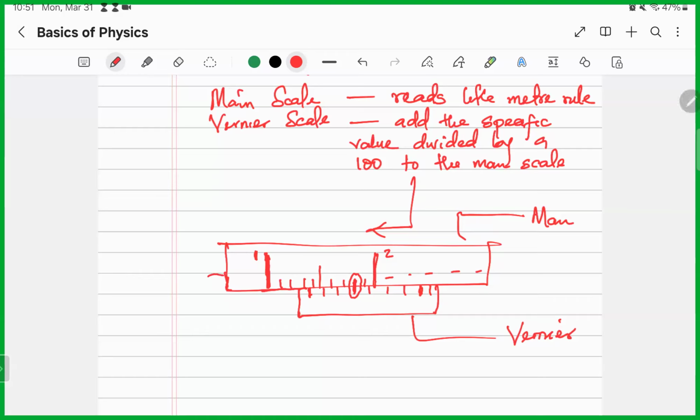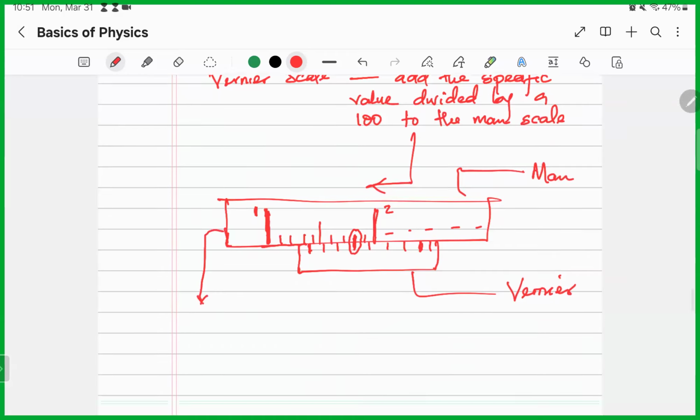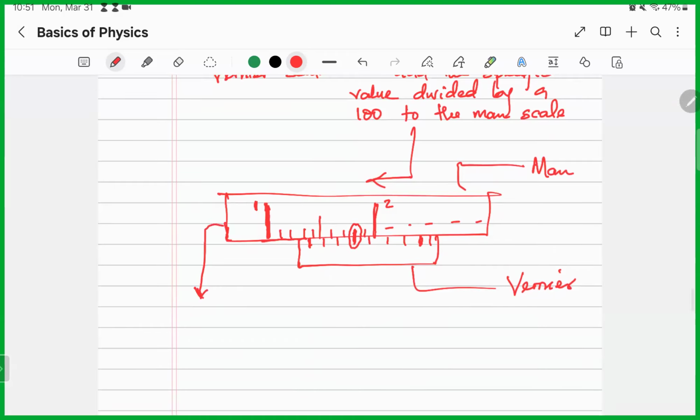But how do you now read the main scale? The main scale, you read as the last reading before the vernier scale. The last reading before the vernier scale is your result.